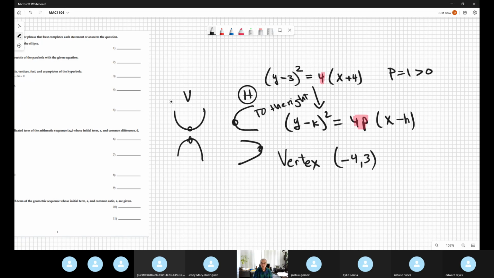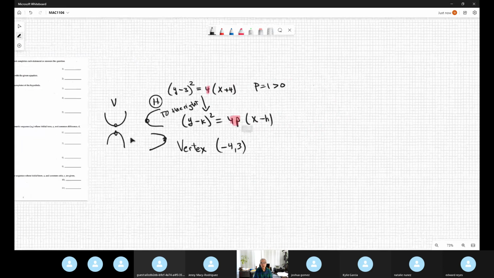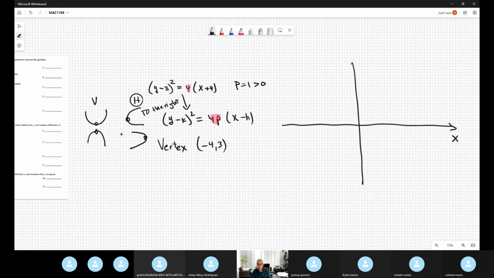Okay, let me try to do my best on the graph by hand. By hand is hard. The first thing you should do is plot the vertex, that is -4, 1, 2, 3, 4, and +3. 1, 2, 3. This is the vertex.